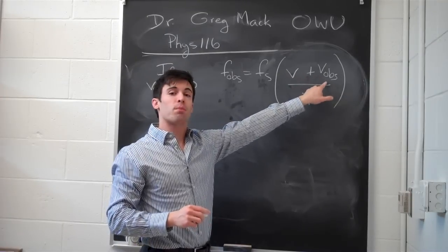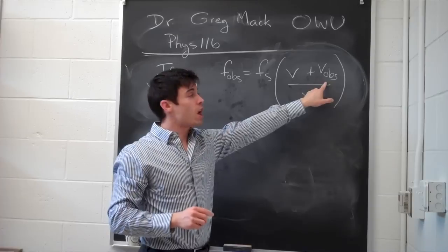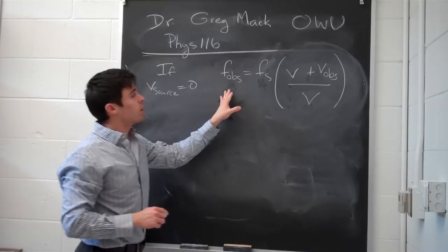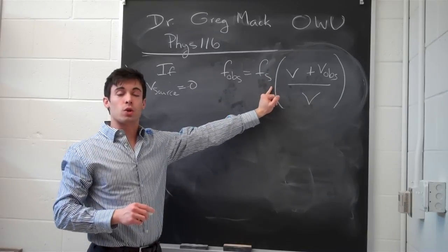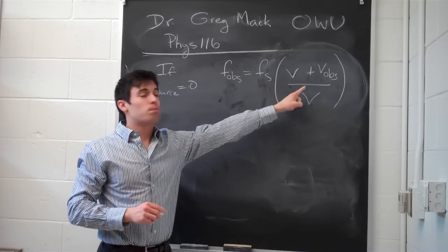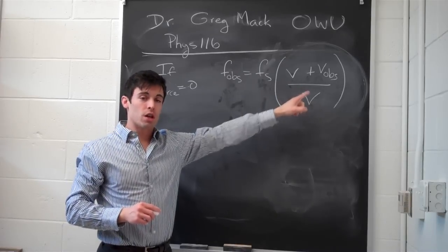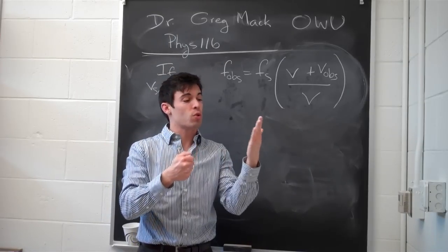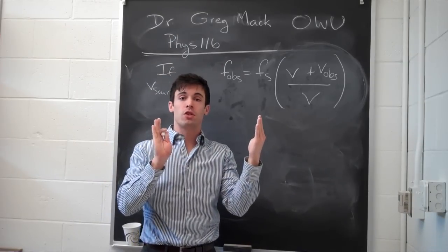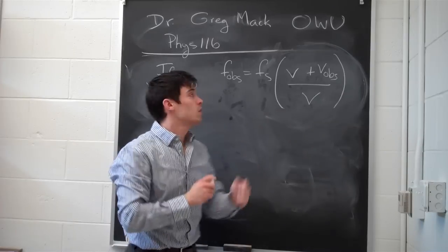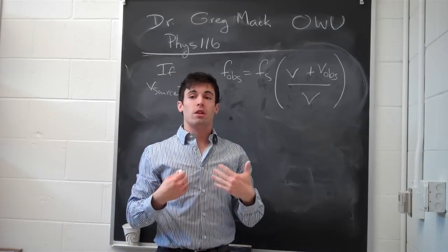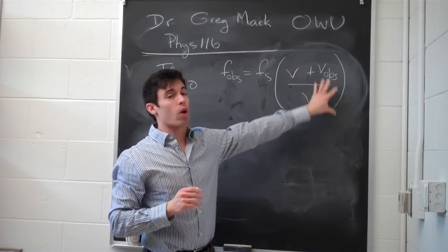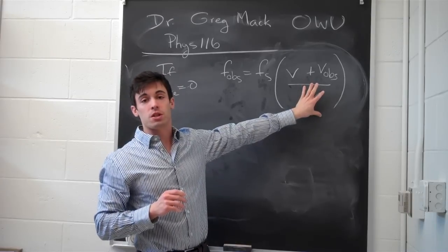If this V observer is a positive number, then this whole thing right here is bigger than 1. And so the observed frequency is going to be bigger than the source frequency. So that positive value of V observer is going to correspond to the case where you have them relatively moving toward each other. So the source is here, the observer is moving towards the source. Now, if that were the other situation where the observer is moving away, then this would need to be a lower number than 1, because the frequency is going to be lower.